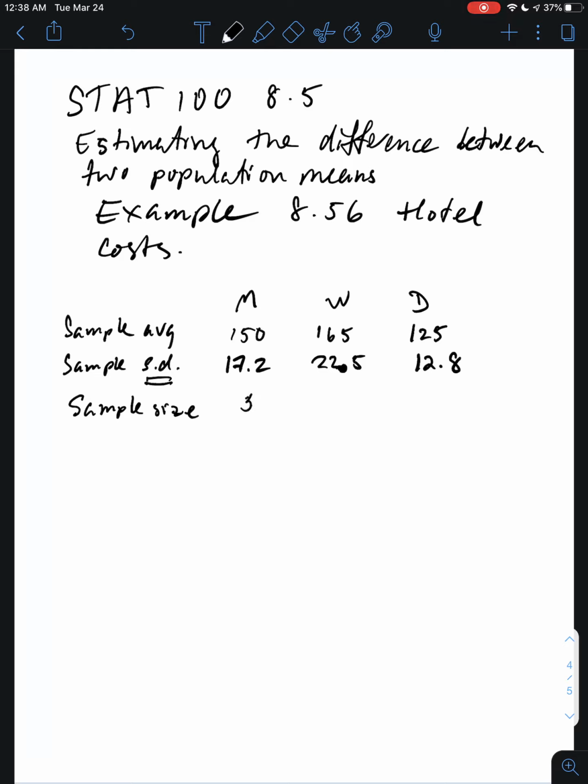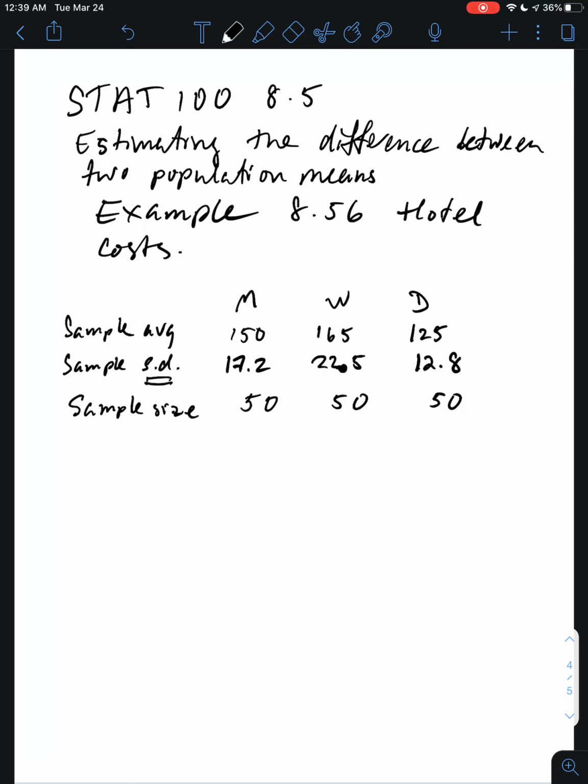So 50 is the magic number, and it is the same in all cases. That isn't necessarily the case for these types of problems. Our formulas will work if the sample sizes are different. Sometimes they're different, sometimes they're the same. It doesn't matter, we just use the appropriate formula.